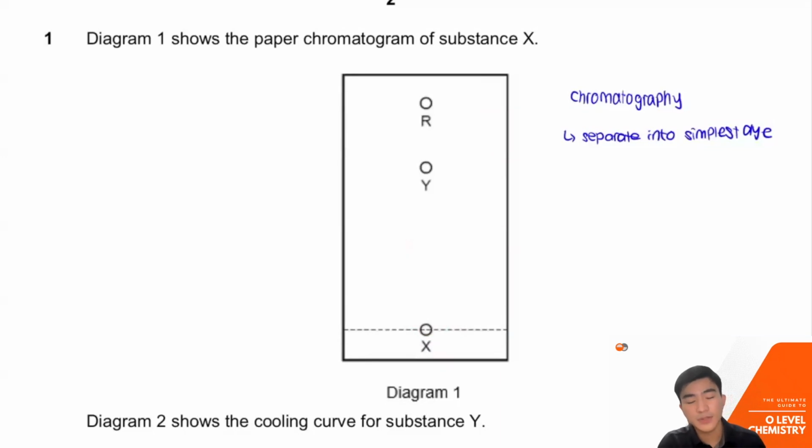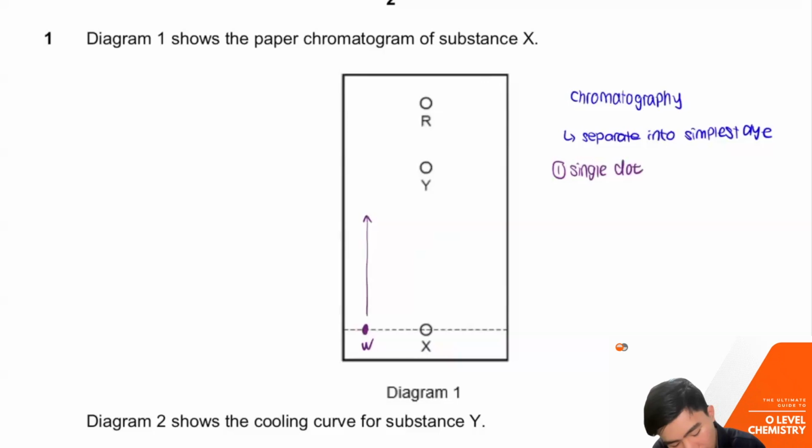And it's important for you to know, because if I have one single dot after the chromatogram, which means that if I start over here with maybe W, it just travels up and then forms a second spot, Z. Now, can you see over here, if the solvent front continues to travel all the way up already, there's no other dye, there's only one single dot.